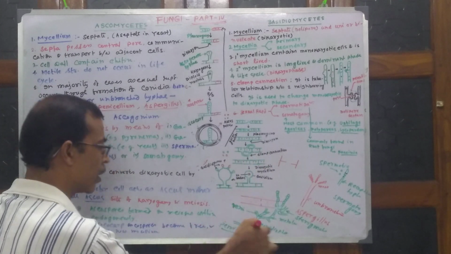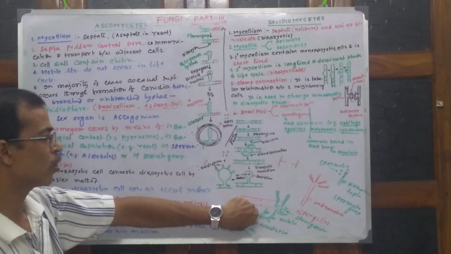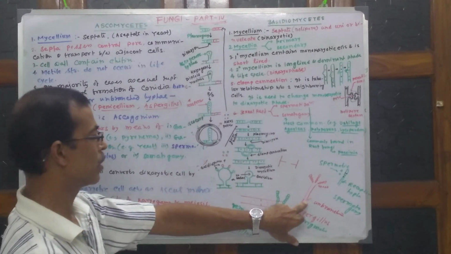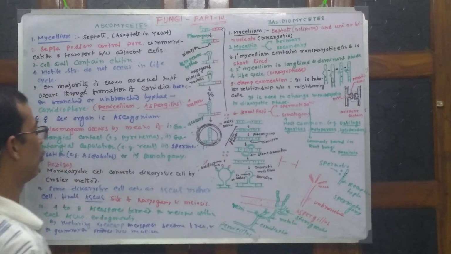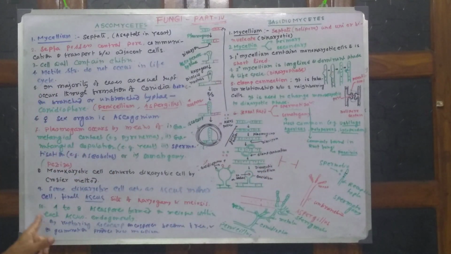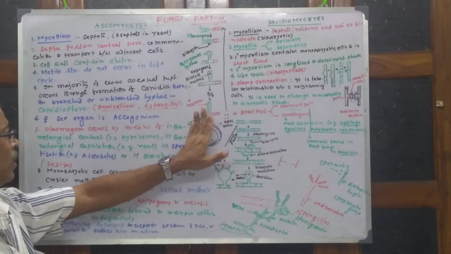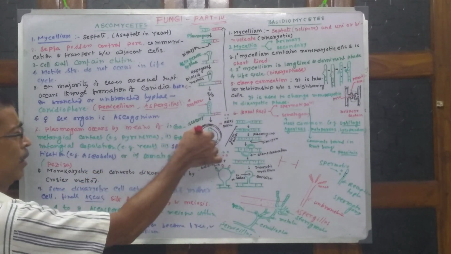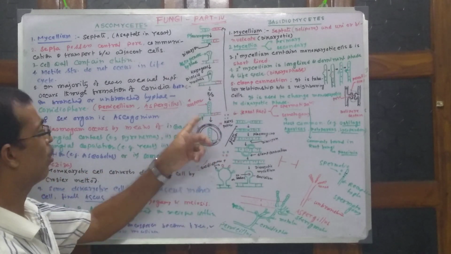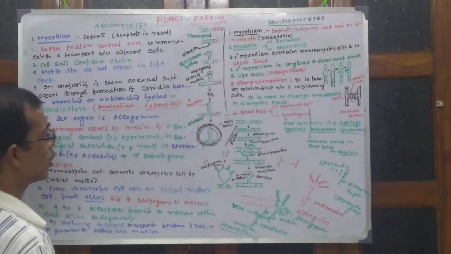This total structure looks like a broom and is called the penicillus in the case of Penicillium. But in Aspergillus, it arises directly on the tip of the conidiophore. There may be 4 or 8 ascospores like Penicillium, or in yeast the number of ascospores is 4.